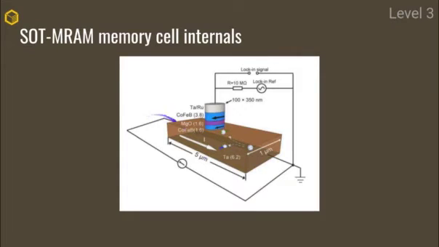And if I want positively polarized electrons, I would simply invert the current direction, and then my positive electrons would end up here, and my negatively polarized electrons would be discarded into the substrate.